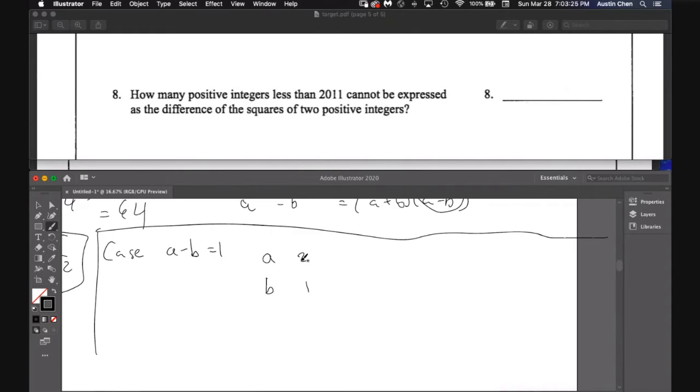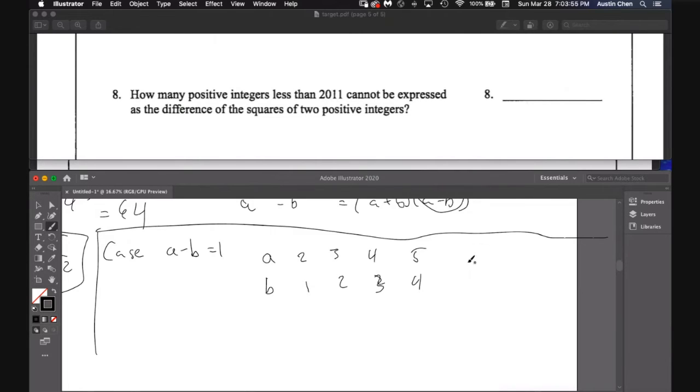If we go down to a equal to 1, then b would have to equal 0, but a and b both have to be positive integers. What is our next highest case? Well, we can increase a and b by 1, and that's the smallest we can increase them by because they are integers. So our next smallest case will be a equal to 3, b equal to 2. And you can see that our cases will just go like this, adding 1 to each one.